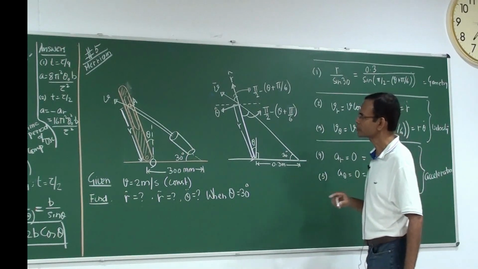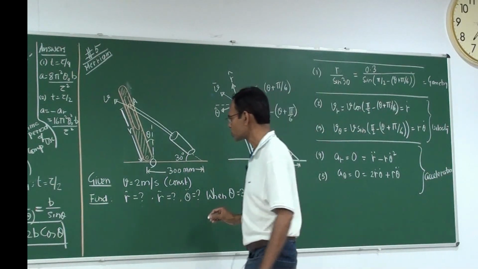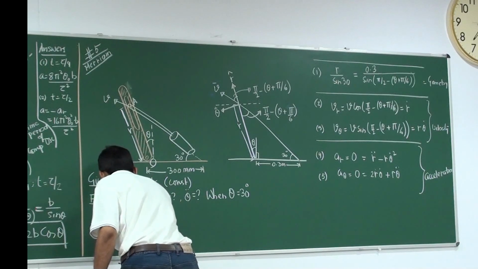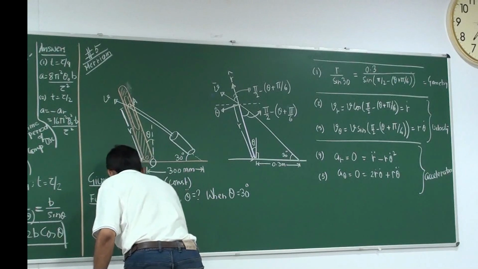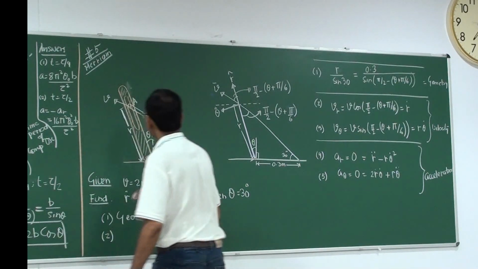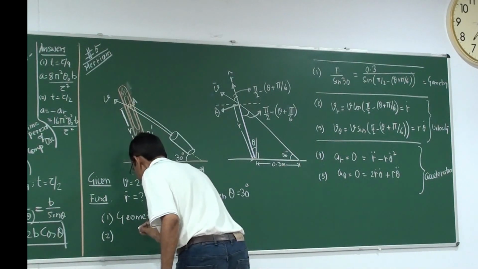The second thing is, so maybe I should write first is the geometry, and second point is velocity is constant.